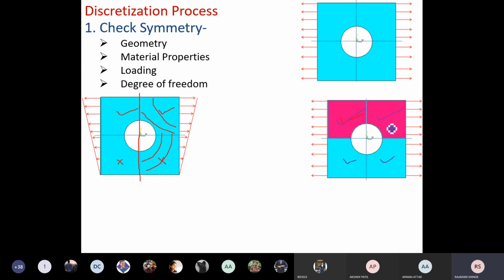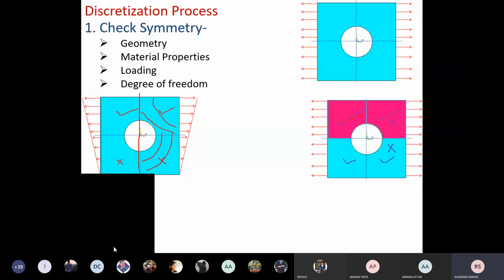Here this pink color is a different material, and this color is a different material. That means this material is not same to this material. Do you agree with this? But this material is same to this material, and this material is same to this material. Means here geometry is symmetric about both axes, but material is symmetric about only vertical axis, not about the horizontal axis.